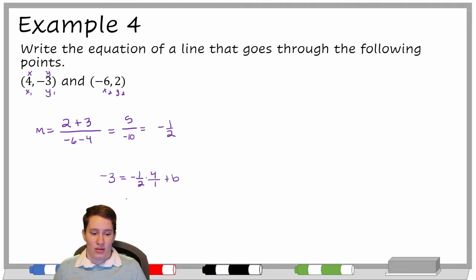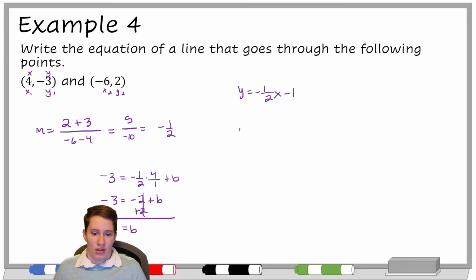Multiply these fractions together and get -2. And then we add 2 to both sides and get -1 equals b. So in slope-intercept form, our answer is y equals -1/2 x minus 1.